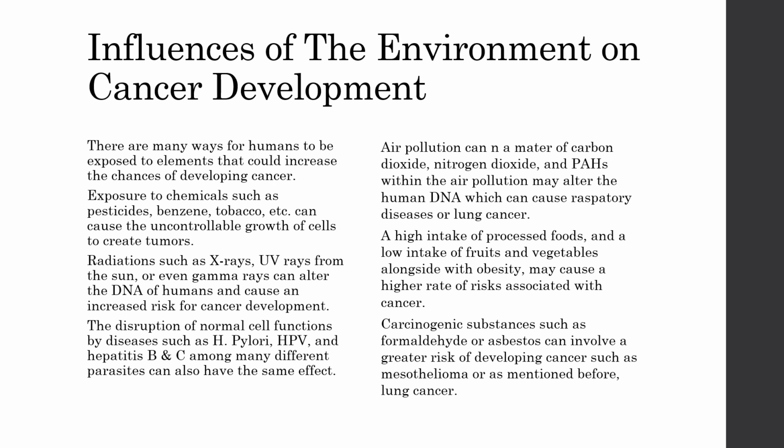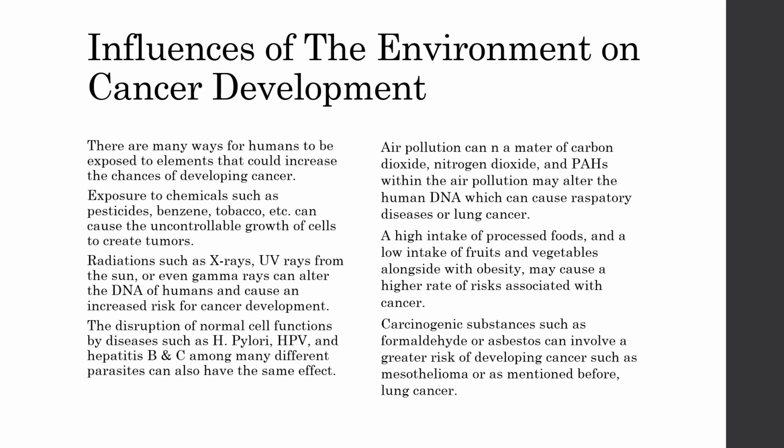Influences of the environment on cancer development. Many possible ways are present for humans to get cancer. For one, exposure to toxic chemicals that are in specific fields of agricultural and other industries such as pesticides, benzene, and tobacco.